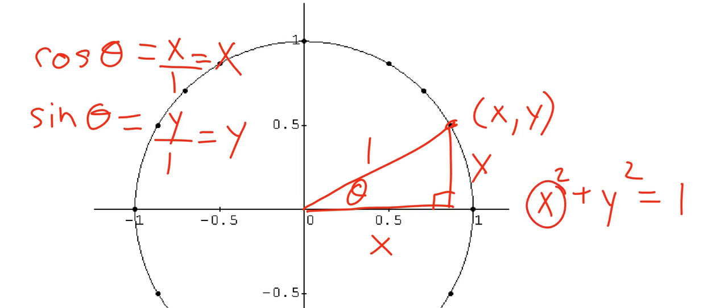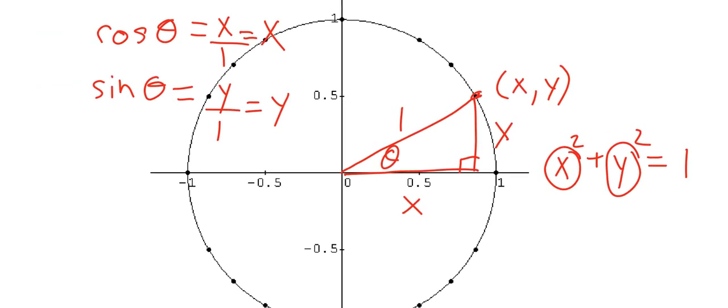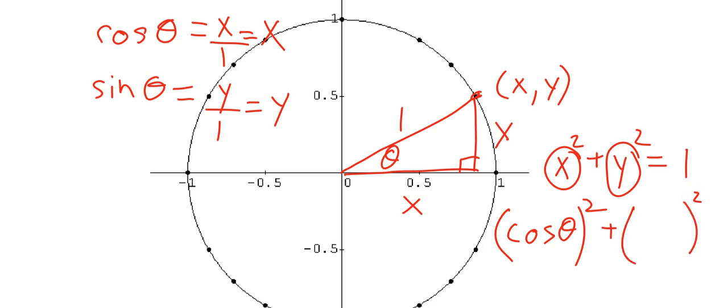So what could you substitute for x and what could you substitute for y? Cosine theta, yeah, we could substitute that for x. What about for y? Sine theta, right?